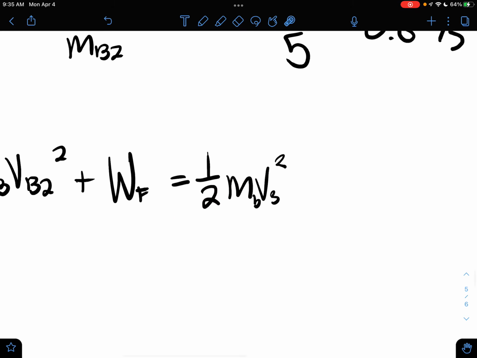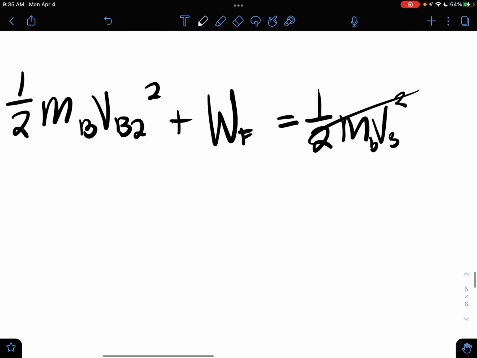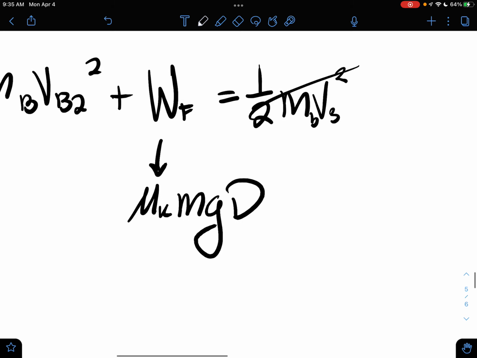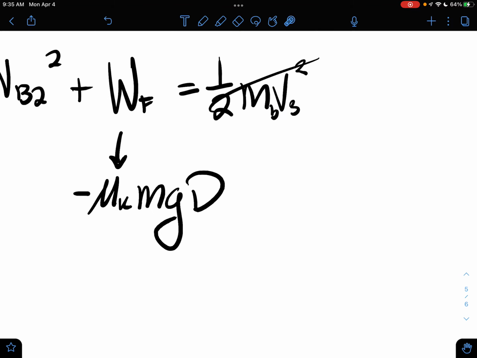It doesn't matter what I call this because we're looking at when it comes to rest, so that's going to be 0. Our work done by friction is the same as before. We have our mu k times our mg times the distance. Again, it's negative because it's going opposite our direction of motion. And this mass is again the mass of the thing we're looking at, the mass of the ball.